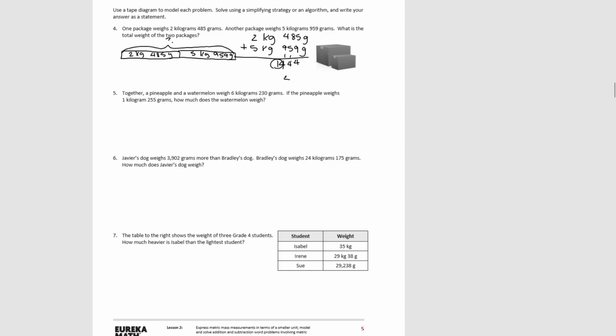So we have 444 grams. We have the 2 plus the 5 is 7, plus the 1 here. We end up with 8 kilograms, 444 grams, which expressed in grams, if you decide to do it that way, would be 8,444 grams.